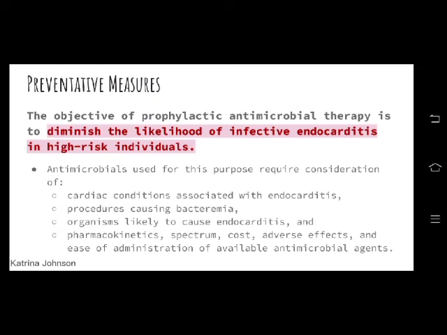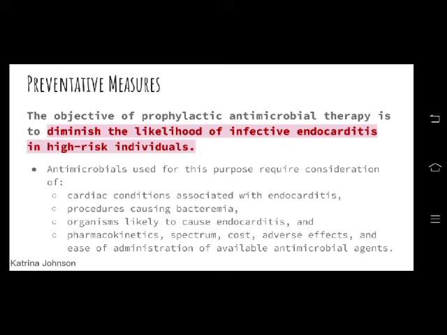Antimicrobials used for this purpose really require the consideration of the cardiac conditions that the patient has that might be associated with infective endocarditis, procedures that the patient may undergo that could possibly cause bacteremia, organisms that are likely to cause infective endocarditis, as well as the pharmacokinetics, spectrum, cost, adverse effects, and ease of administration of the available antimicrobial agents.